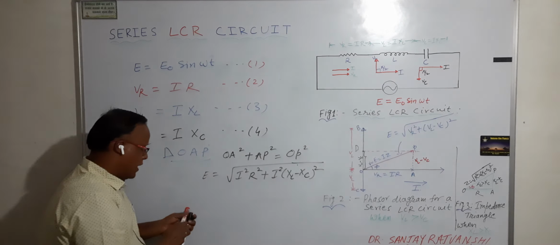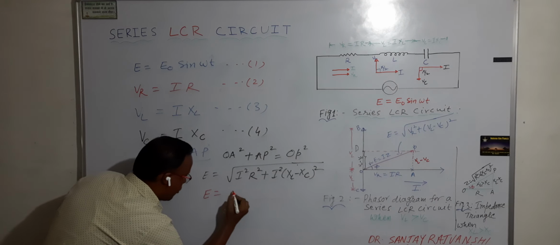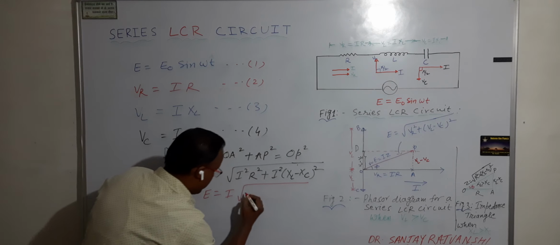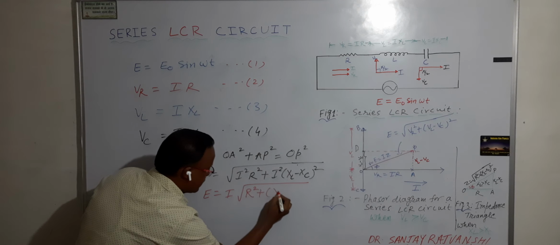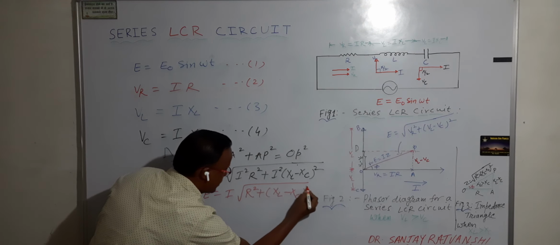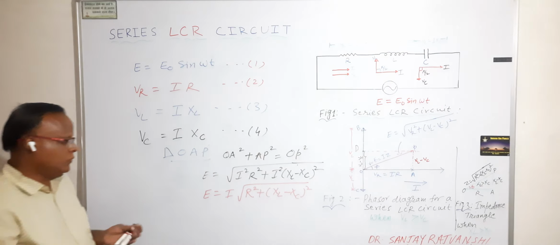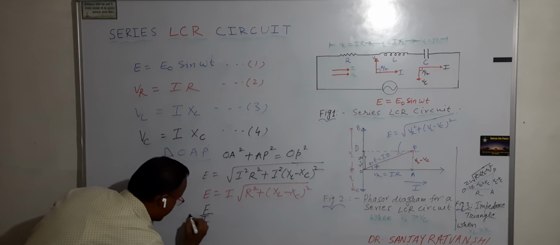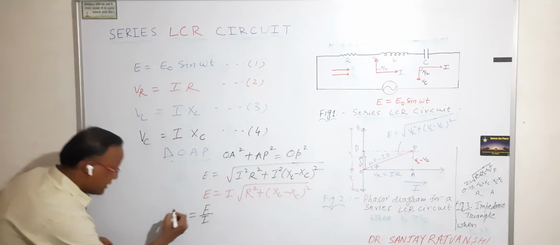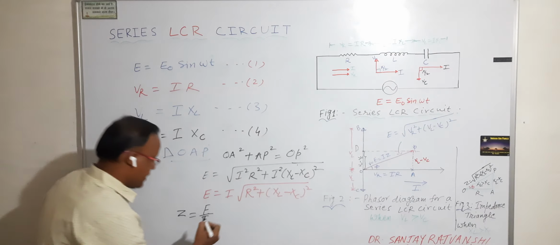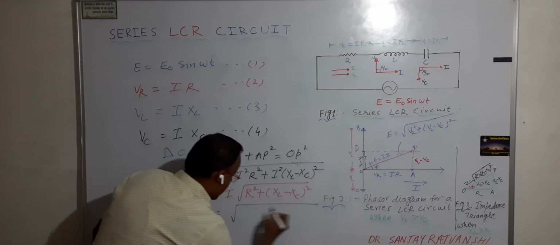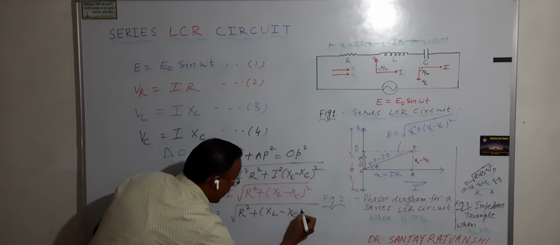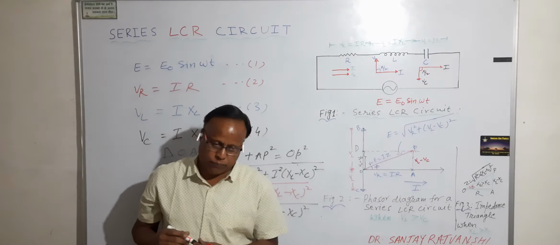Taking I square common, E becomes I times the square root of R square plus (XL minus XC) whole square. So E upon I is called resistance, or in this case the impedance of the LCR circuit. It is equal to the square root of R square plus (XL minus XC) whole square.